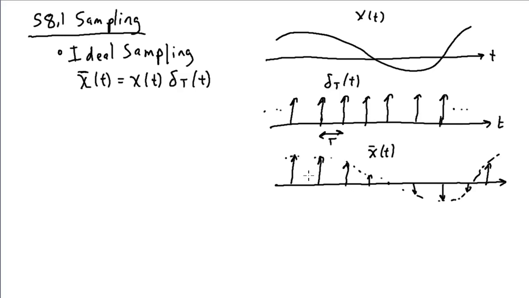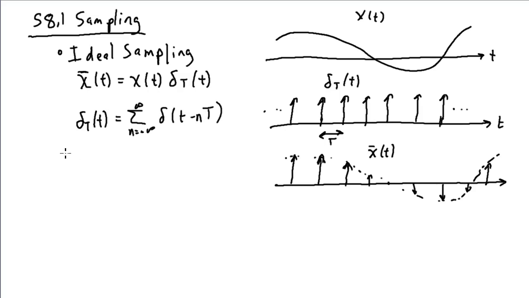So we want to get some idea of what's going on here when we sample a spectrum. We want to talk about what the spectrum of this sampled signal looks like, x over bar of t. In order to start that, recall that we can represent our impulse train as just an infinite sum of shifted impulses.